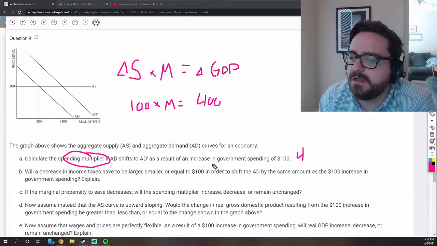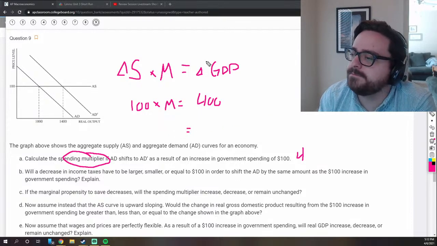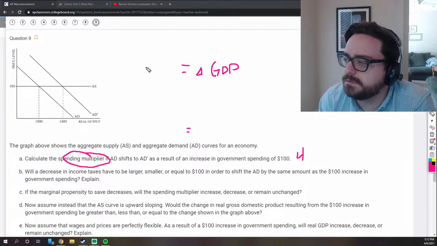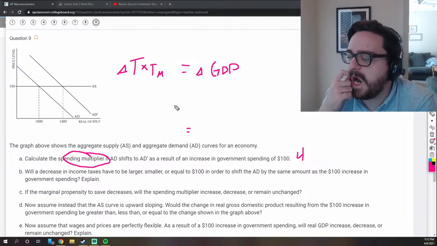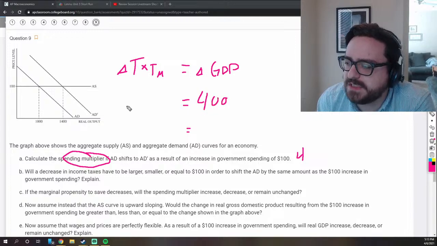They're asking, would a change in taxes have to be greater than, smaller than, or equal to that? Okay, so the tax formula again was change in taxes times the tax multiplier. The GDP change is still going to be 400. I need to solve for the change in taxes.